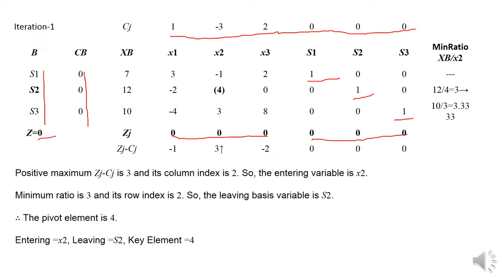And this is our coefficient matrix, which has the coefficients of the constraints. These are the right hand side values, denoted by xv, and we write zj minus cj.